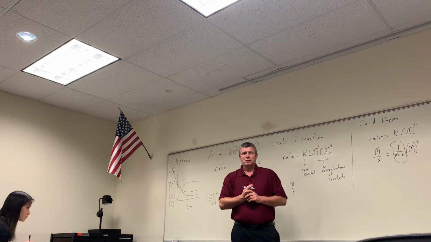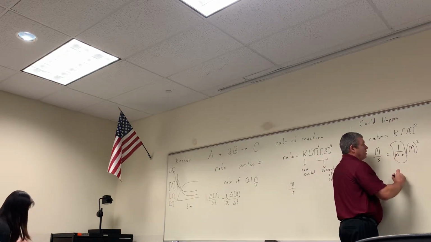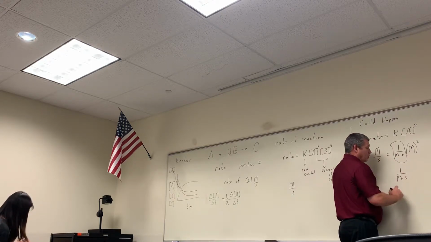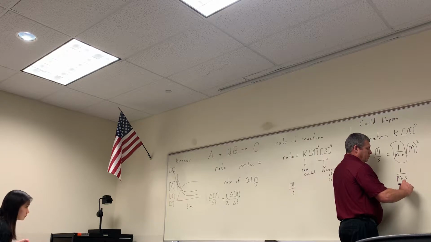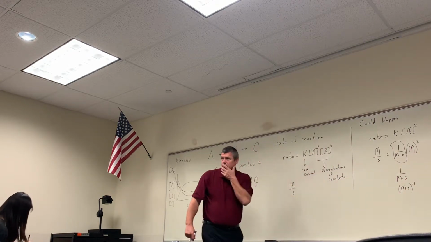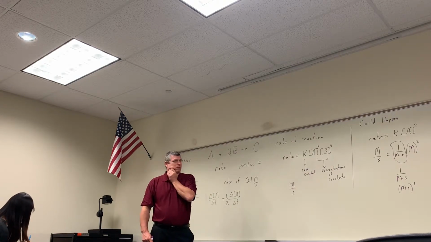Does that make sense? So we haven't put the number in yet, we'll find that. But the units for K in this example would be 1 over molarity times seconds, also written as molarity times seconds to the -1 power, which is more common how you'll see it. You okay with that?